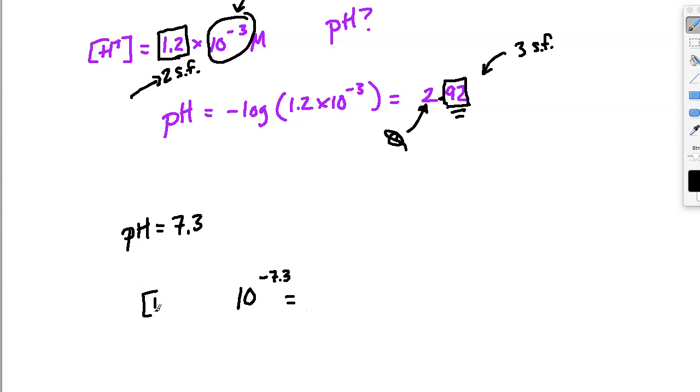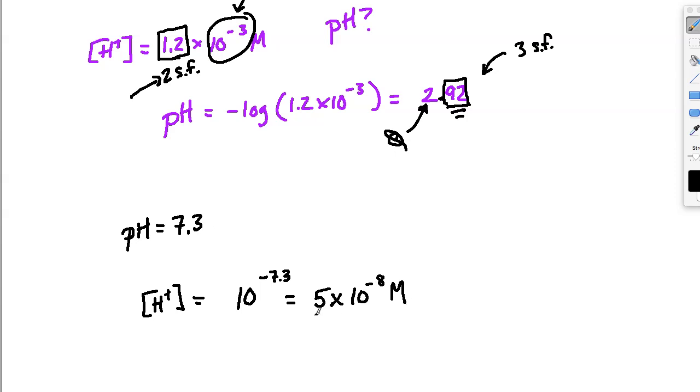So this will become the H plus concentration. This is the anti-log, and when we put that into the calculator, you should get 5 times 10 to the negative 8th.